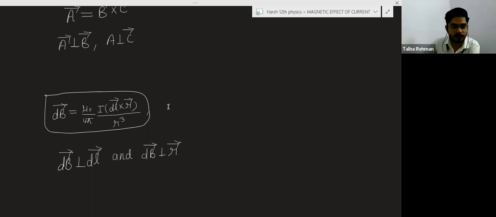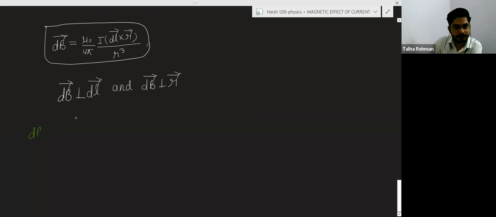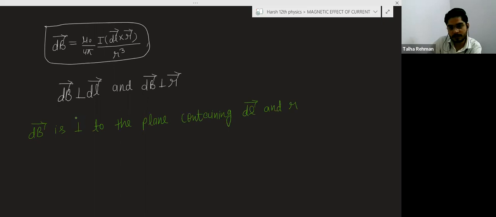So from here I can write dB vector is perpendicular to the plane containing dl vector and r vector.